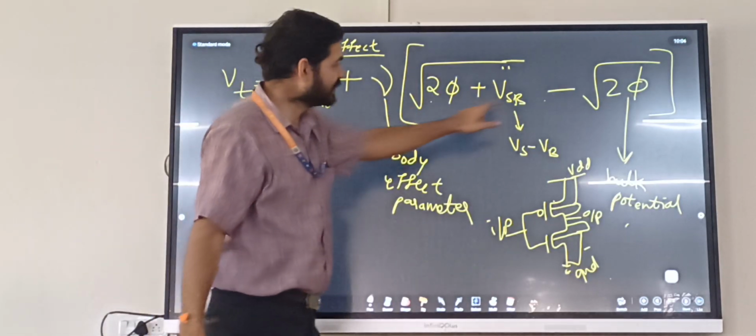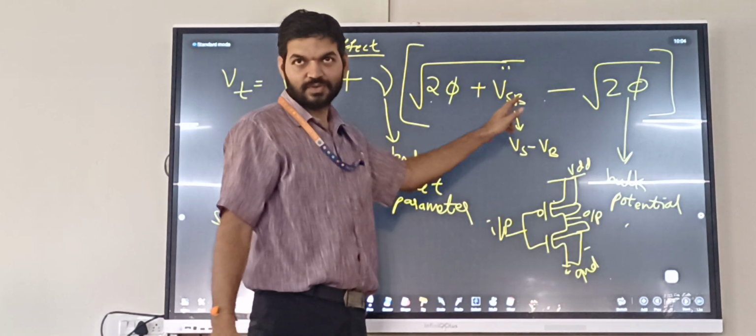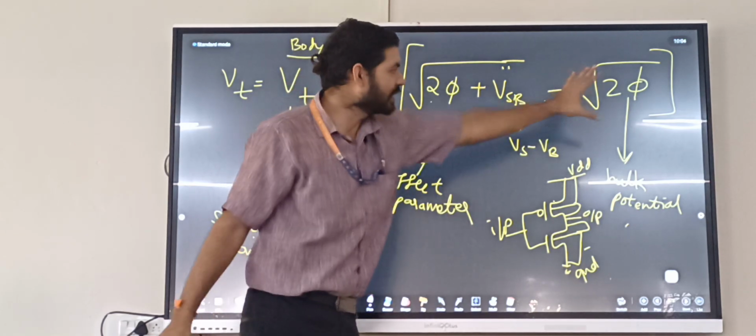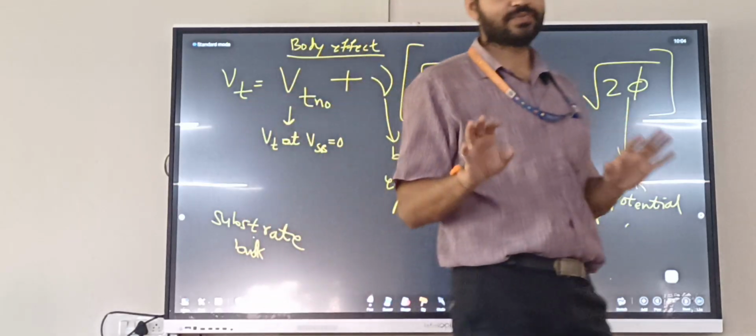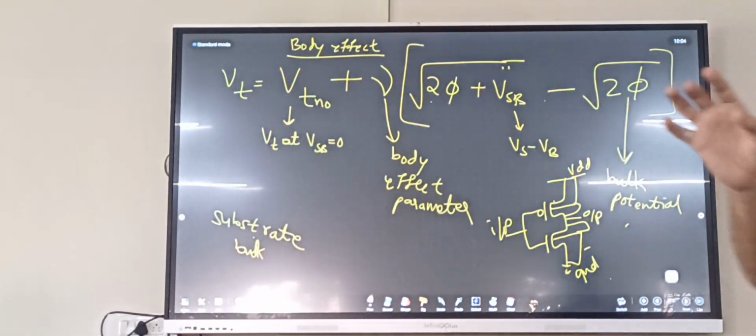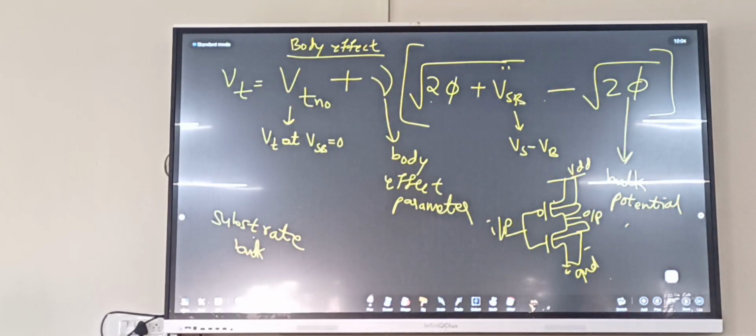Suppose if this is non-zero, then something will be added to the original value. This is nothing but body effect. So what is body effect in one sentence? If we change the connection of the body to some different point, there will be a change in the voltage VSB.